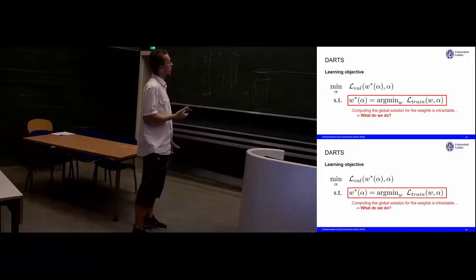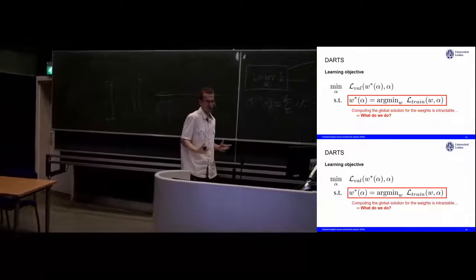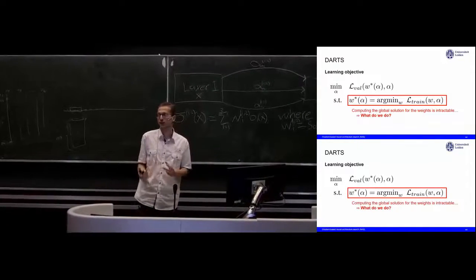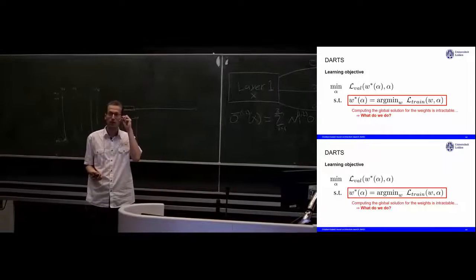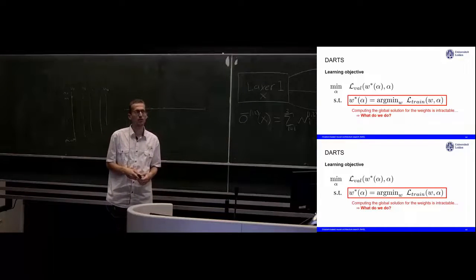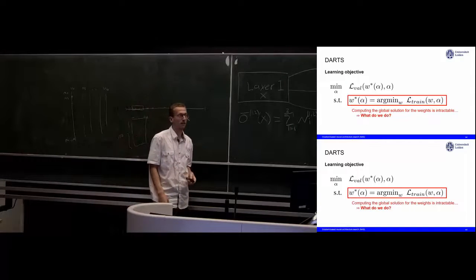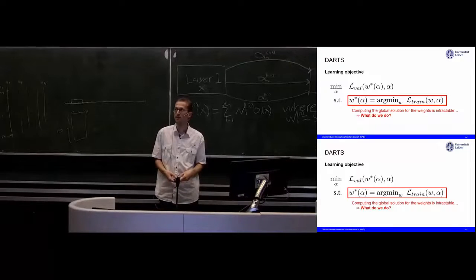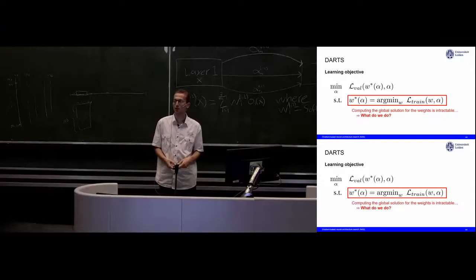Now, of course, there is a question, because computing the global minimum or the best possible weights is intractable. Because also when we're training just regular deep neural networks, we already know that we're not going to find a global solution, or most likely not. So what can we do to resolve this issue? Any ideas? What do we do in regular deep learning?